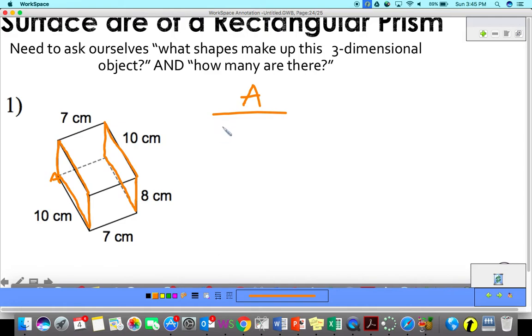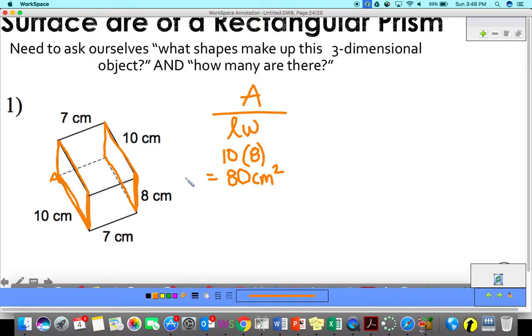Shape A is a rectangle, so for the area, I'm going to use length times width. When I look at shape A, I know it is 10 centimeters long, and when I look at how tall it is, there's no number here, but if I look across to my parallel sides, I see that it is 8 tall. So this side here is 8, this side here is 10. When I multiply it together, I get 80 centimeters squared.